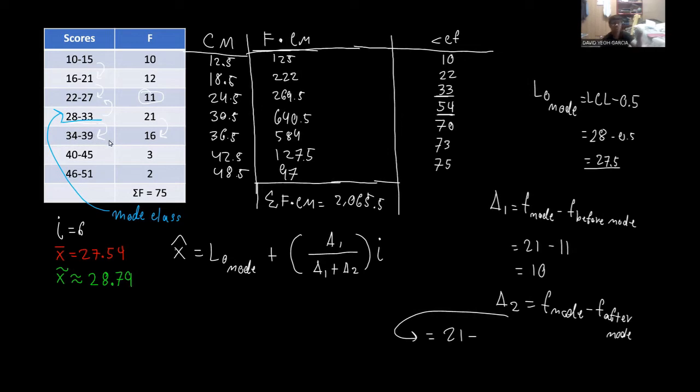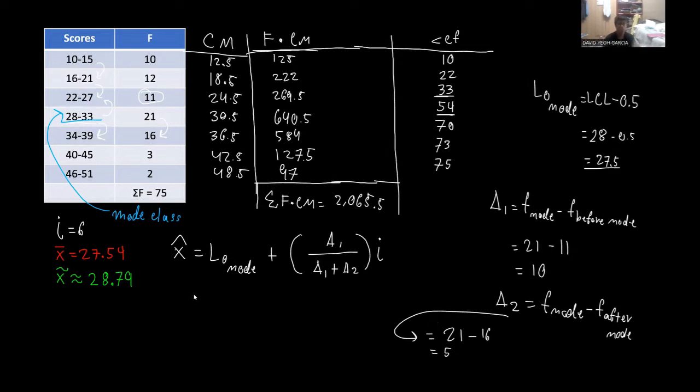We get its frequency, which is 16. So that is the frequency after the mode class. 21 minus 16 is 5, and we're done.